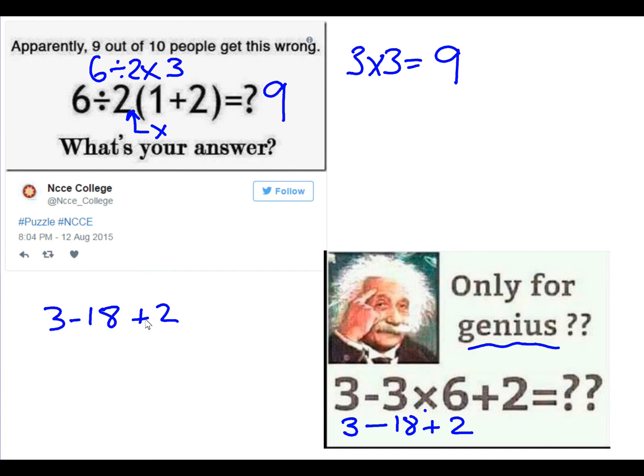So we read it from left to right. So 3 minus 18 is minus 15. And then we need to add 2. So minus 15 plus 2 is minus 13. So to be a genius, you need to know the answer is minus 13.